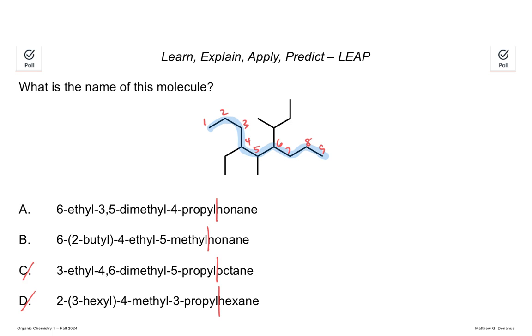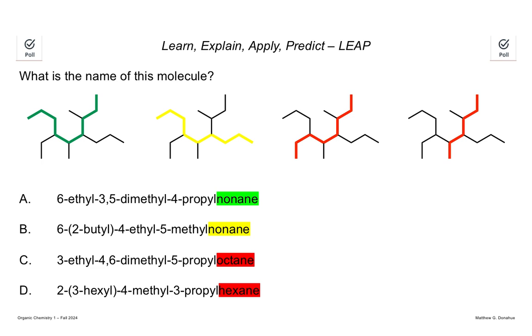You number the chain one way, then you number it the other way, and you see where the substituents lie, and they have to get the lowest numbers they can. So I know we're a smidge over here, so I'm going to scooch to the next slide.